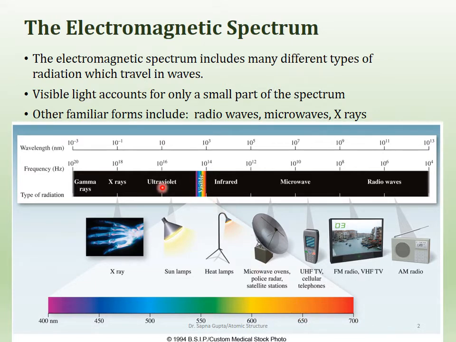And then when you get to the ultraviolet, it starts getting a little bit dangerous, because now this is getting into a little bit higher region of energy, and this is what is used in sun tanning, for example, or tanning beds, if you go to tanning salons. So ultraviolet is actually not that good for us.